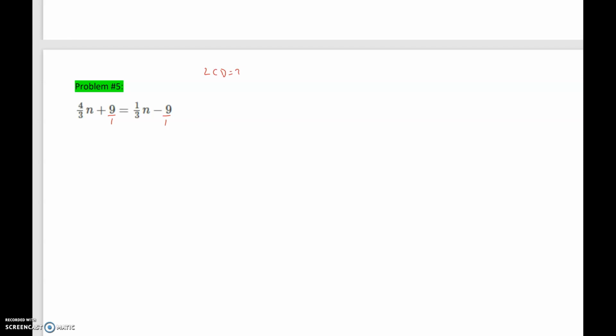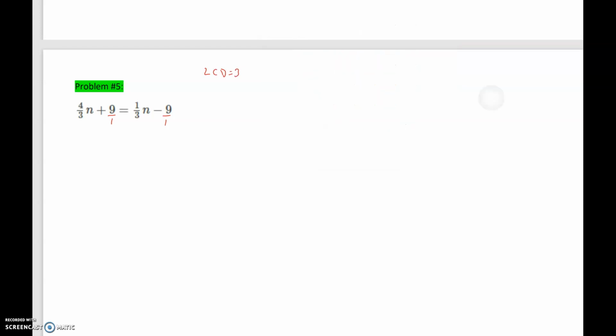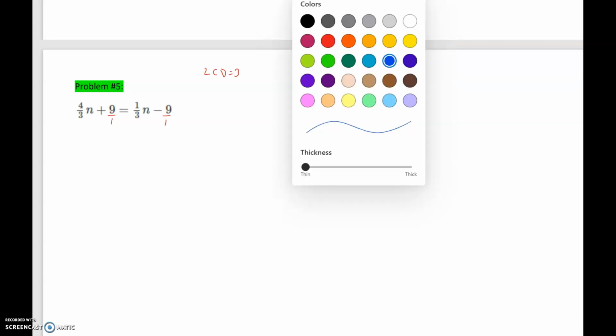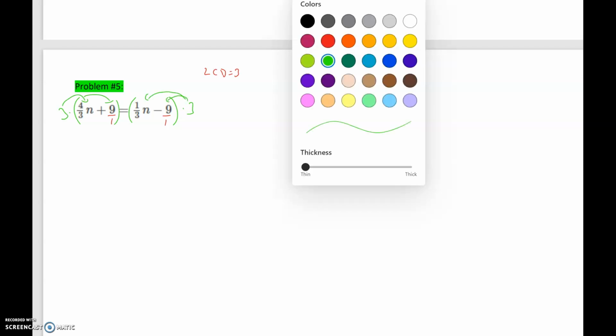In this case, it's going to be 3. And then at this point, multiply by 3. So we're going to multiply the LCD times both sides of the equation. And what this is going to do is cancel all of the fractions.